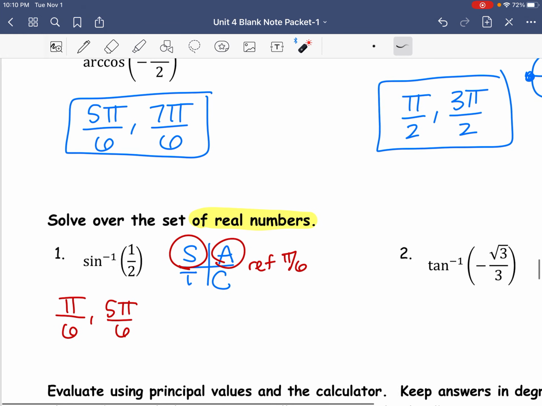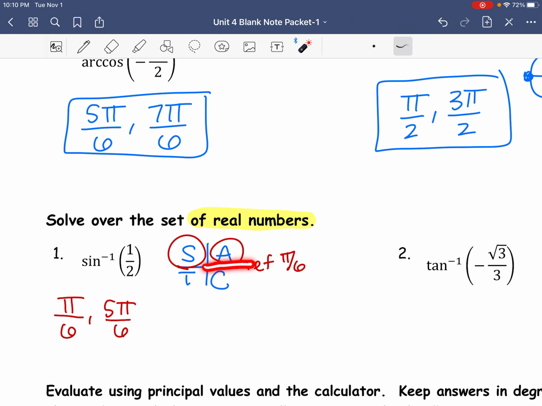But because it could be in all real numbers, that means I could start here and I could land at pi over 6. But what if I started here and I went the opposite way and I landed there? Would that count? What if I started here and did a full circle and still landed there? Would that count? What if I started here and I went around a gazillion times and landed there?